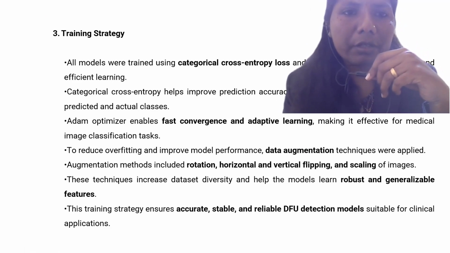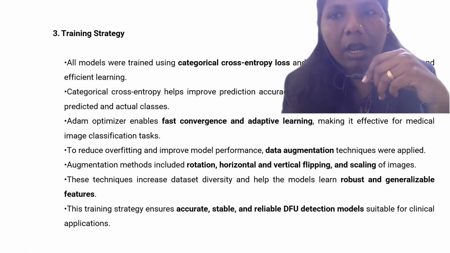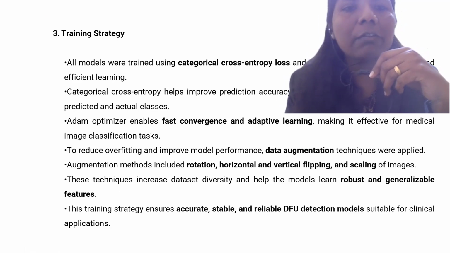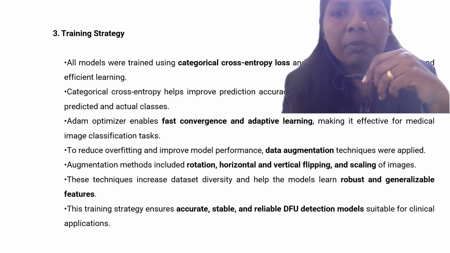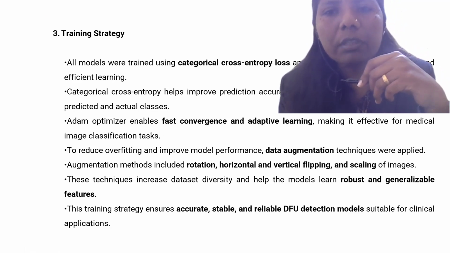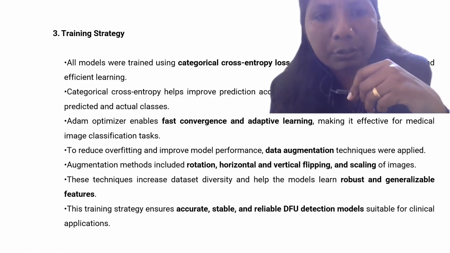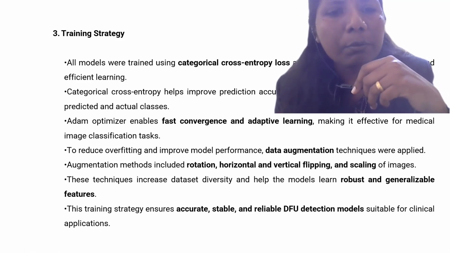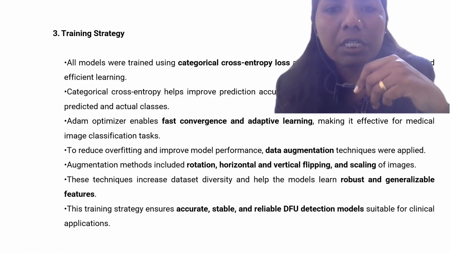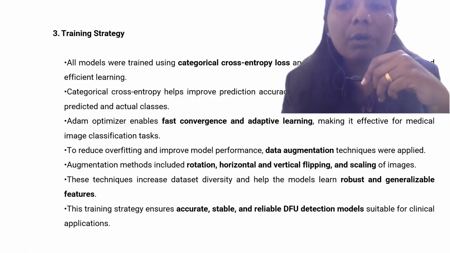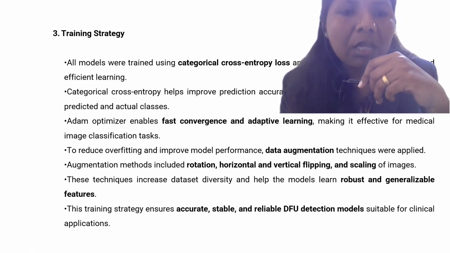Next is the training strategy. Here we are using cross entropy loss and Adam optimizer for stable and efficient learning. Cross entropy helps improve the prediction accuracy by minimizing the difference between predicted and actual class. Adam optimizer enables fast convergence and adaptive learning, making it effective for medical image classification.